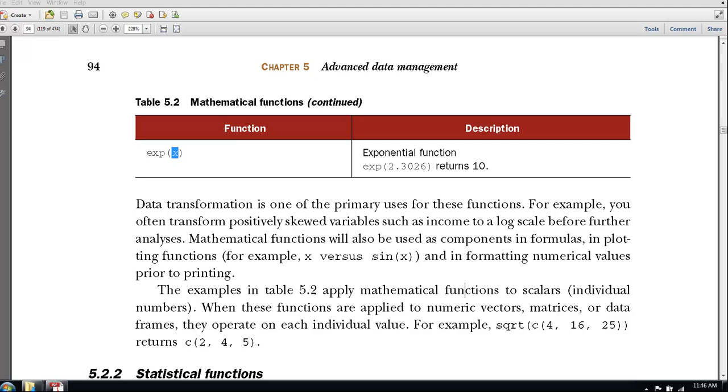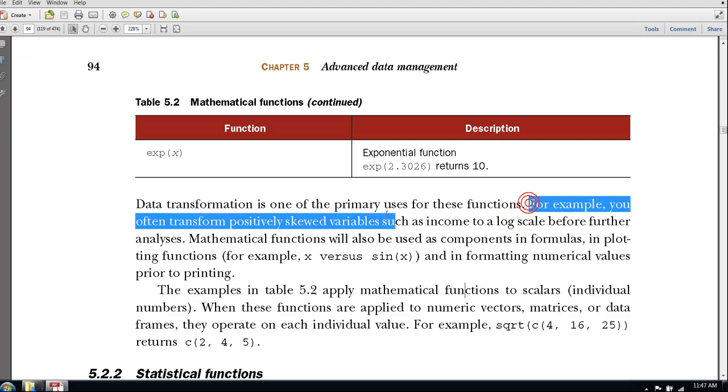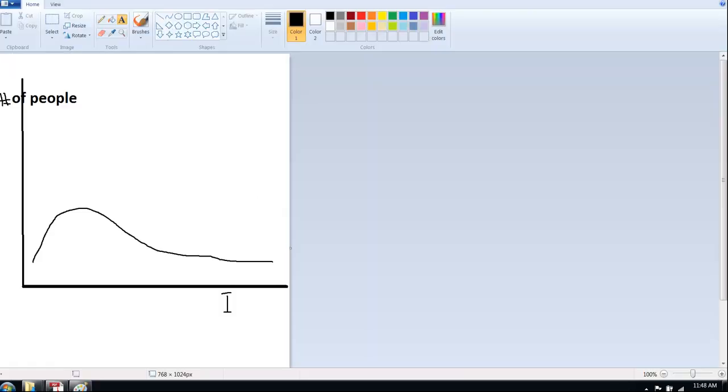And now, one thing he does mention is that, for example, you often transform positively skewed variables such as income. Let me just show you what they mean by that. So here we have a picture of incomes and the number of people that have these incomes. So this is called positively skewed because we say it has a long tail to the right.